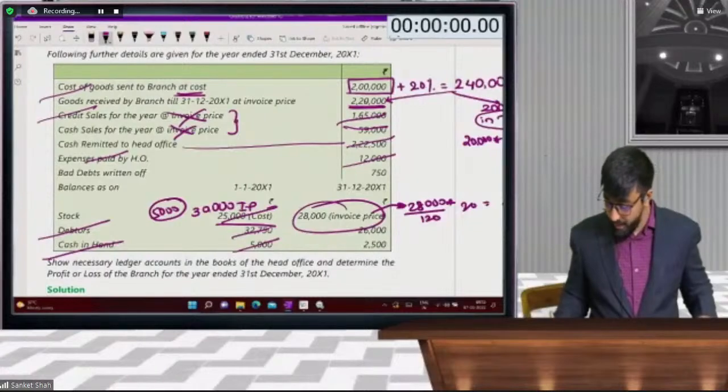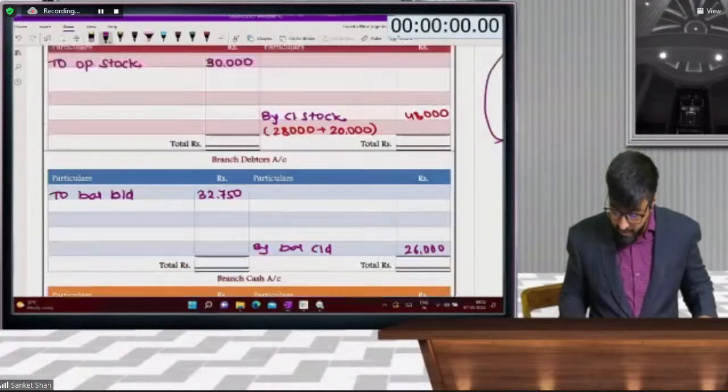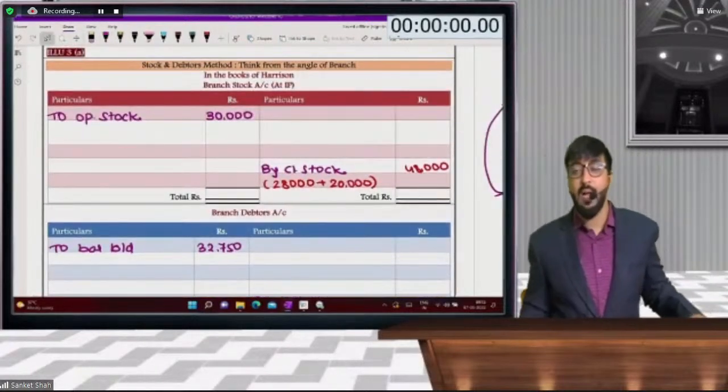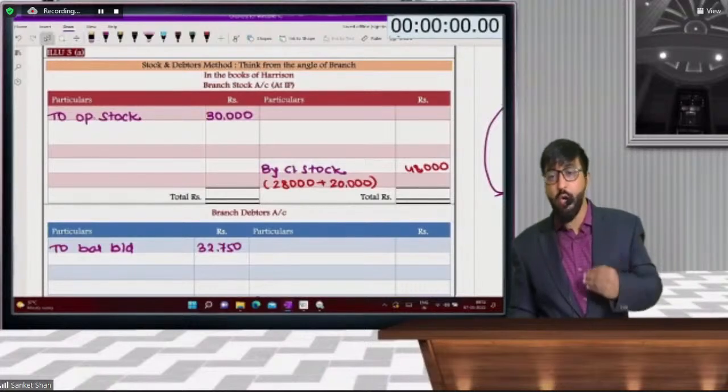Goods received by branch. So branch के debit में. Now what is the entry by branch? GSTB account debit to HO.